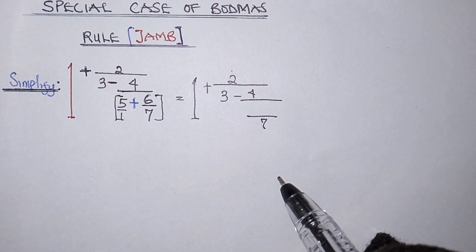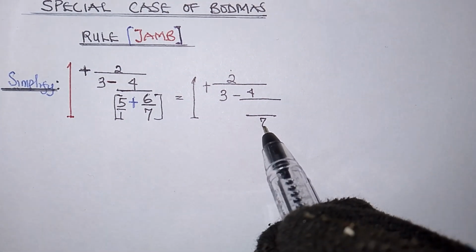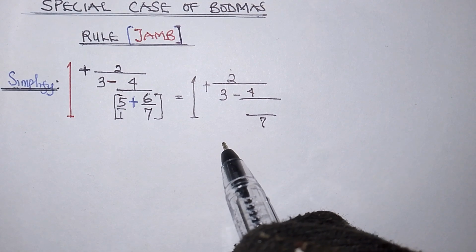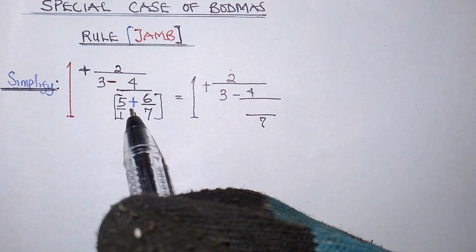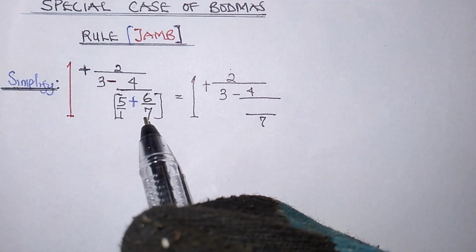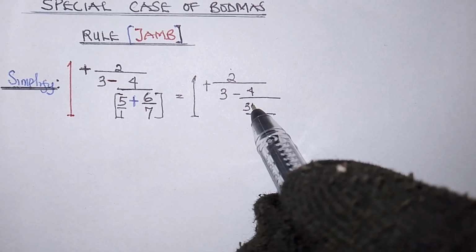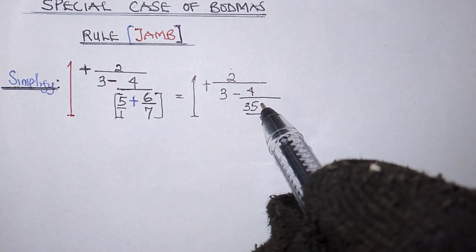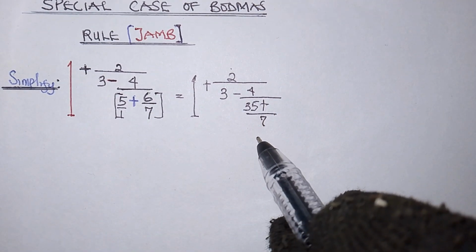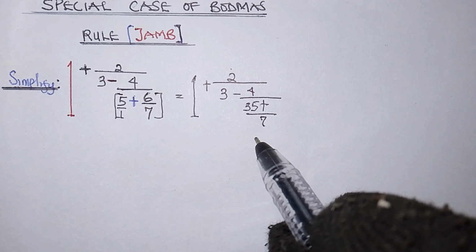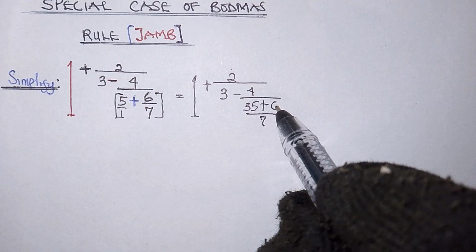So since it has a denominator of 1, 1 goes into 7, 7 times. So we multiply the 7 by 5. If we multiply the 7 there by 5, we are going to have 35 plus 7 goes into 7, that is 1 time. We multiply the 1 by 6 and we are going to have 6.